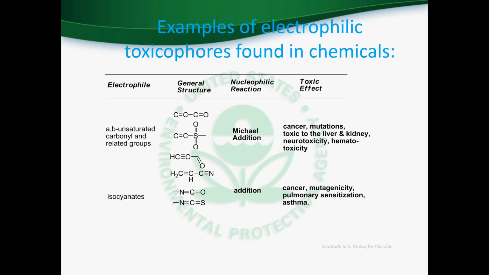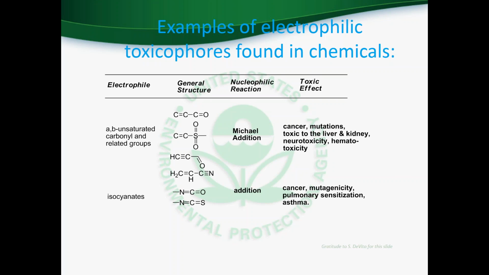Here's another example. This is just a very short list of known toxicophores. So these are structural features that are known to be toxic. Alpha beta unsaturated carbonyls. You see some examples there. The reaction mechanism is Michael addition, and it results in cancer, mutations, and others.